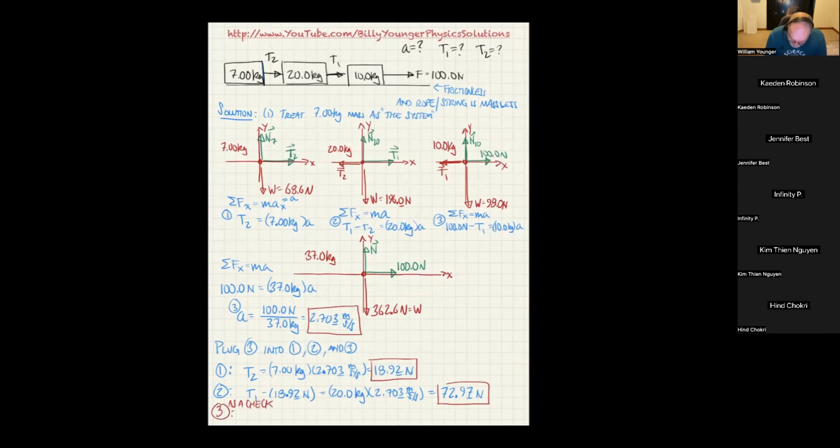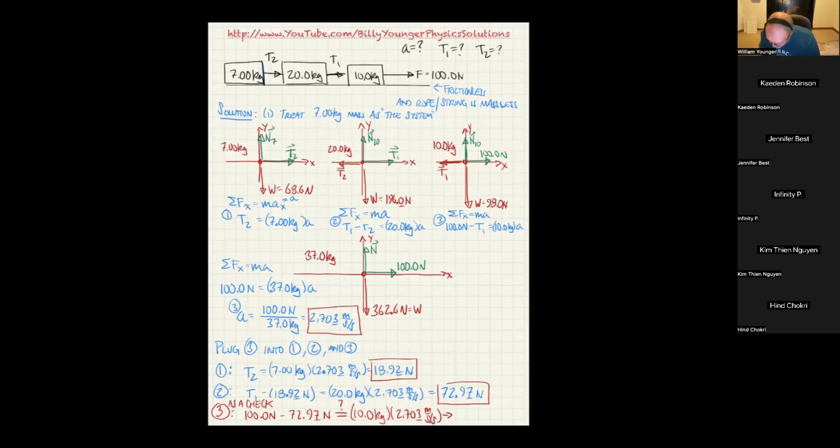What I'm going to do is say 100.0 newtons minus 72.97 newtons equals, with a question mark over it, 10.0 kilograms times 2.703 meters per second per second.